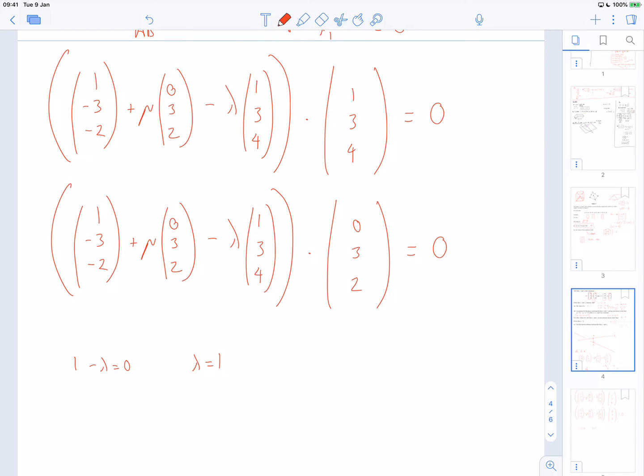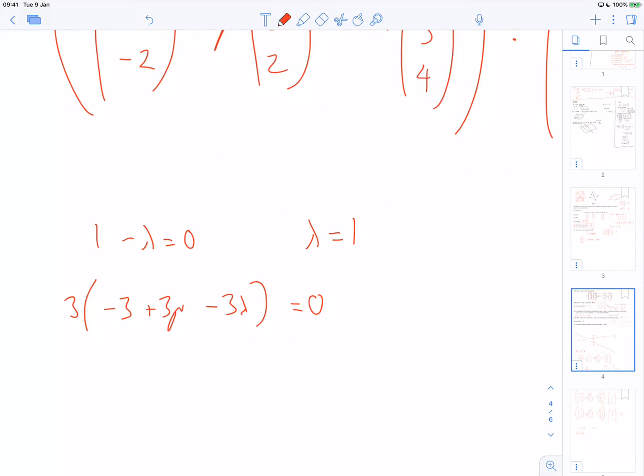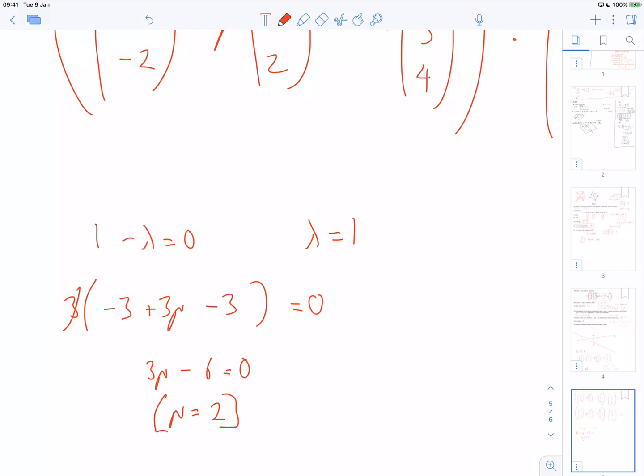If I look at the next line, I've got 3 lots of minus 3 plus 3 mu minus 3 lambda equals 0. I now know lambda equals 1, so minus 3 lots of lambda is just minus 3. Well, I can divide by 3 everywhere, so I've actually got 3 mu minus 6 equals 0, so it looks like mu is just going to be 2.